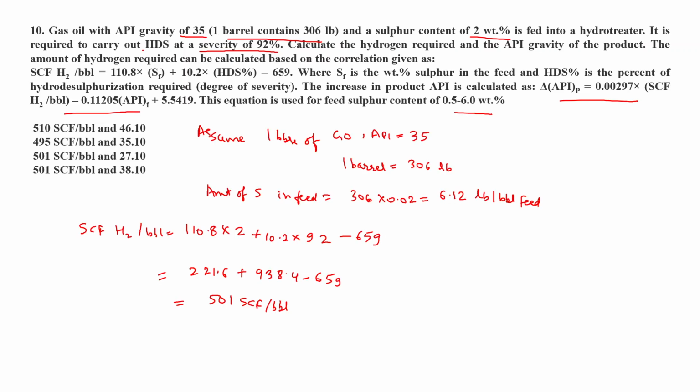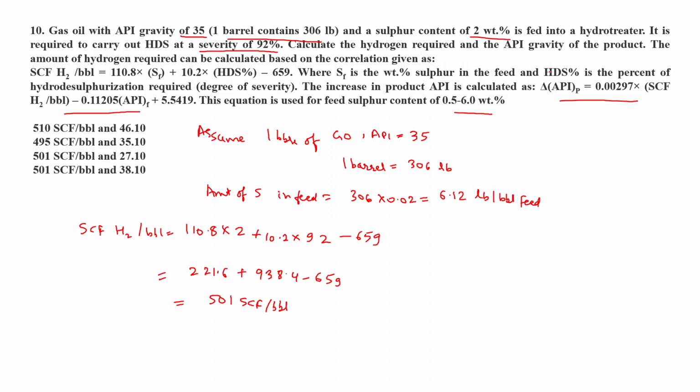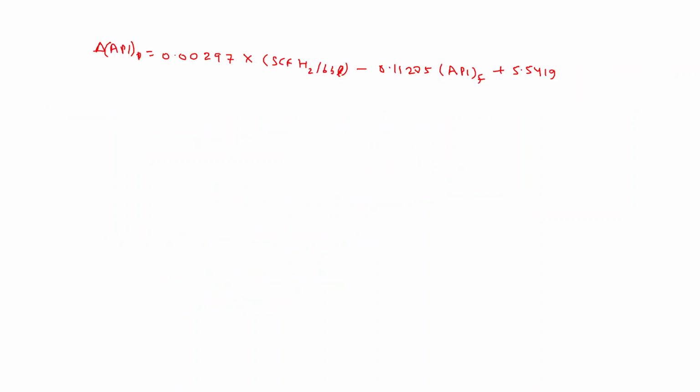So delta API is given by the relation 100,297 into SCF H2 per barrel, minus 0.11205 into API of feed, plus 5.5419. So let us put the values.